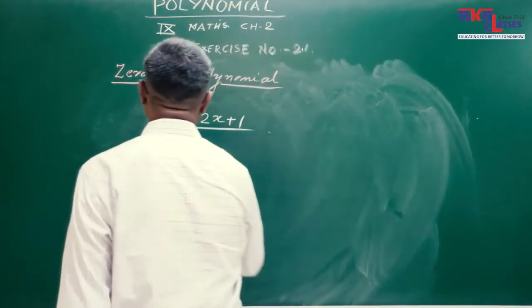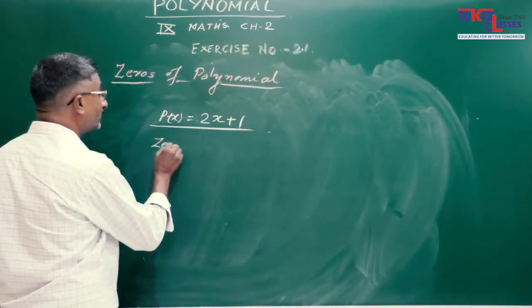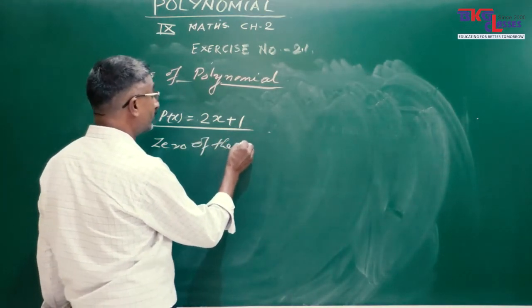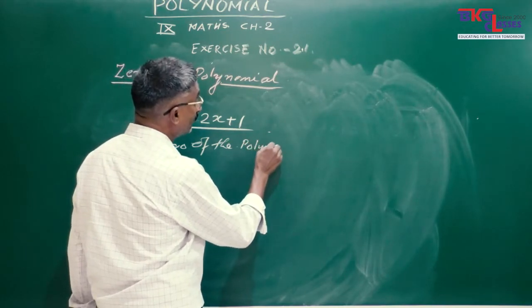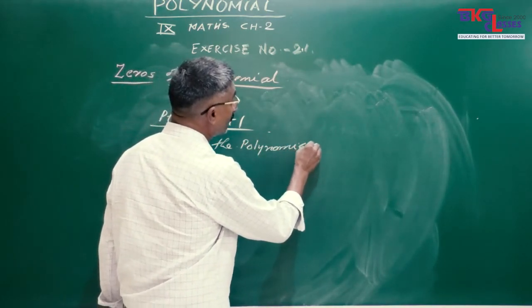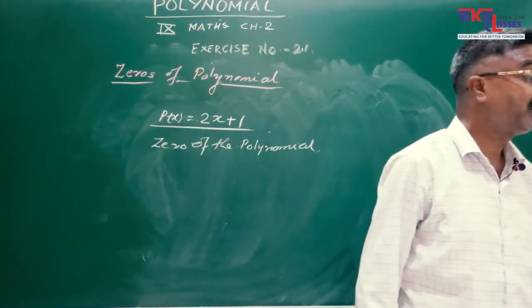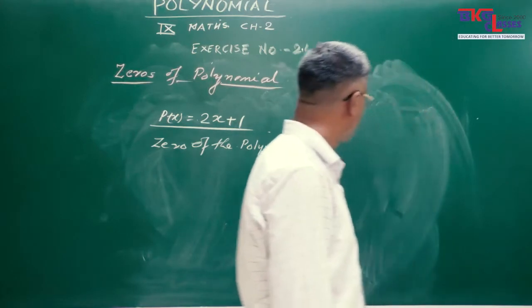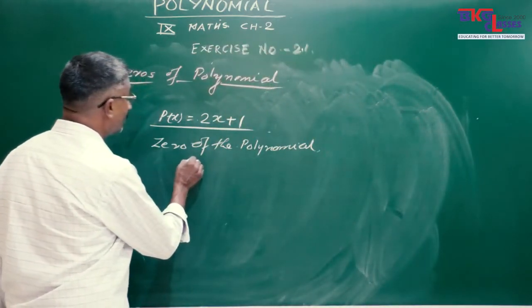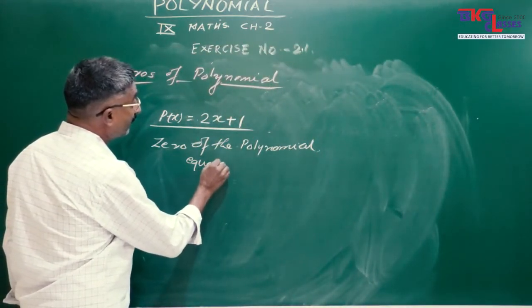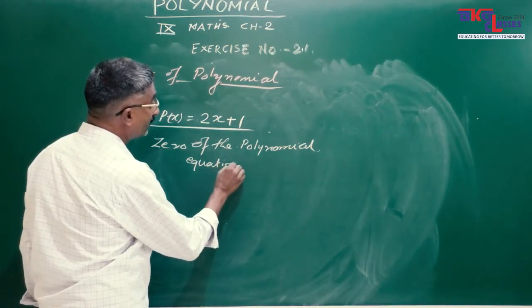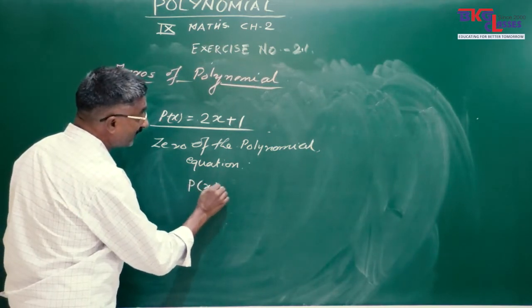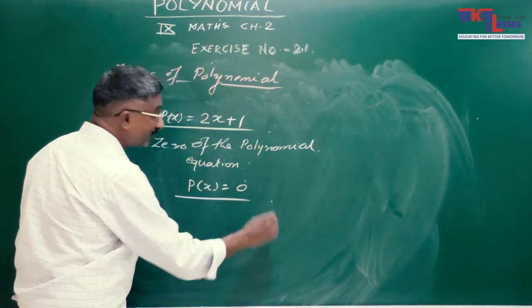The zero of the polynomial equation P(x) must be equal to 0.